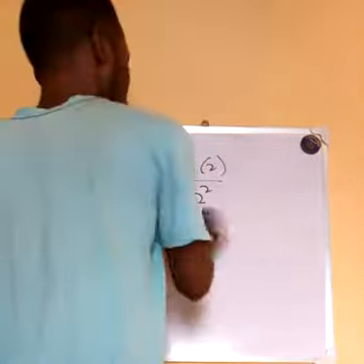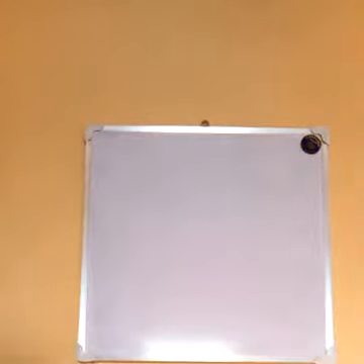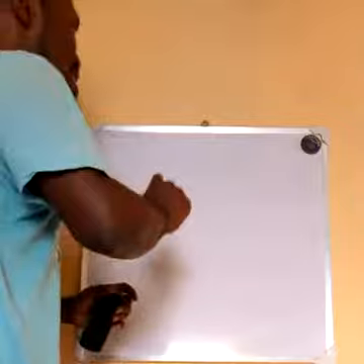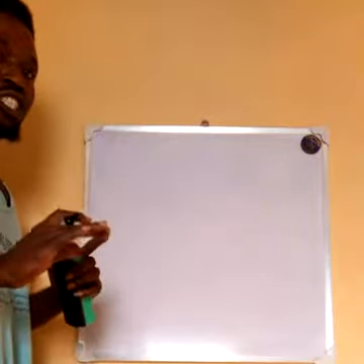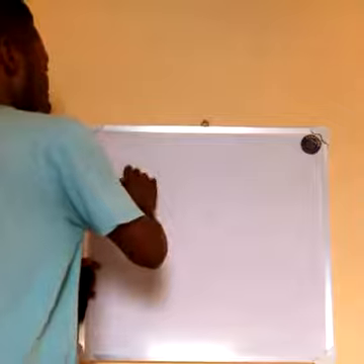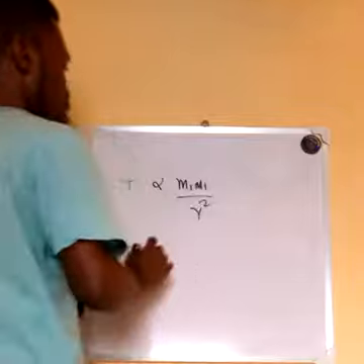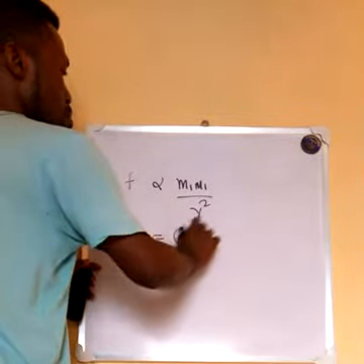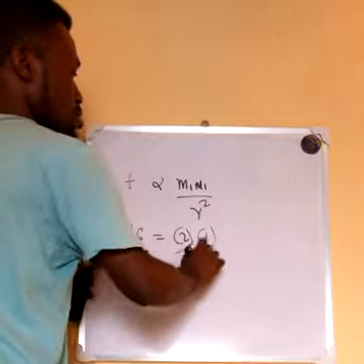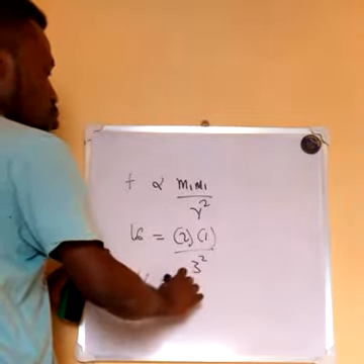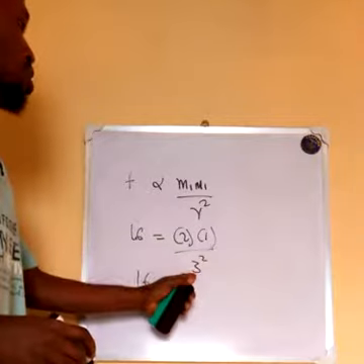The next condition: if the mass of one is doubled and the distance is tripled, what is the new force of attraction? Force of attraction is directly proportional to the mass and inverse to the square of the distance. 16 was given, the mass of one is doubled, the other remains 1, then the distance is tripled, that is 3 squared.